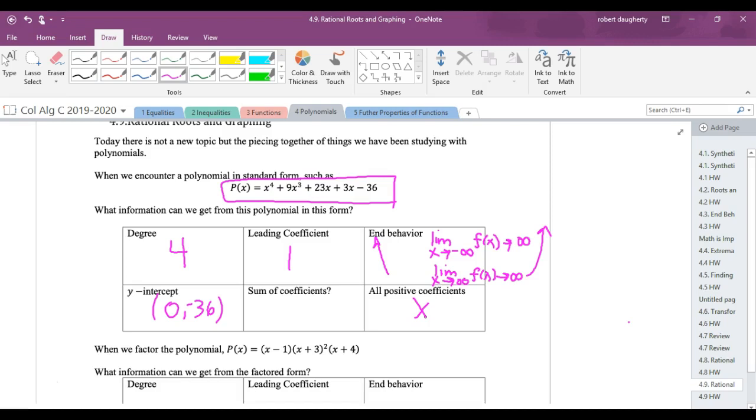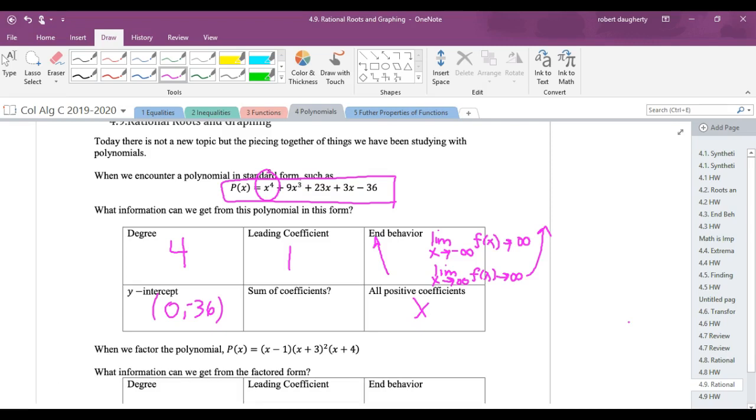No, if it's in standard form like this, the degree is whatever that exponent is. The coefficient is the number that's in front of it. Now it's different here. So in this one, the leading coefficient is 1. Here the leading coefficient is 1 times 1 times 1.